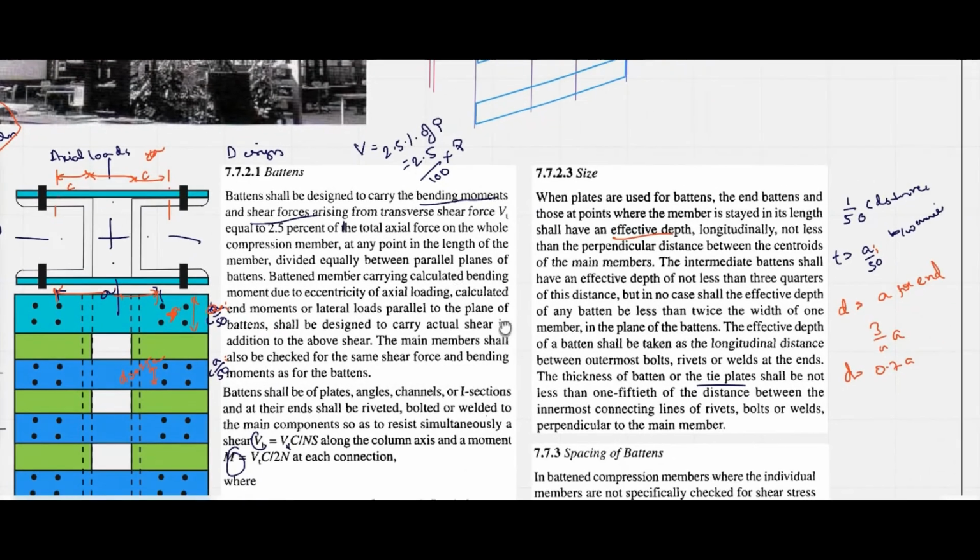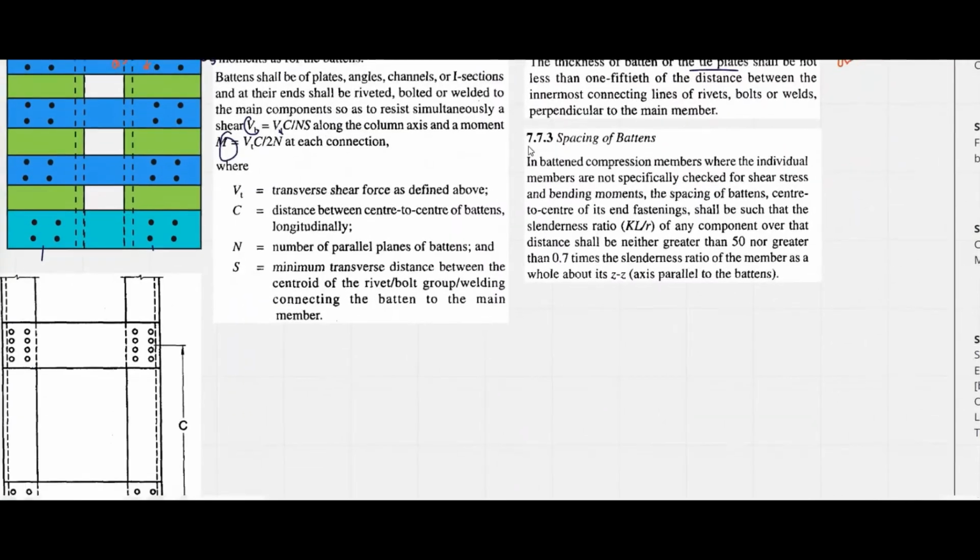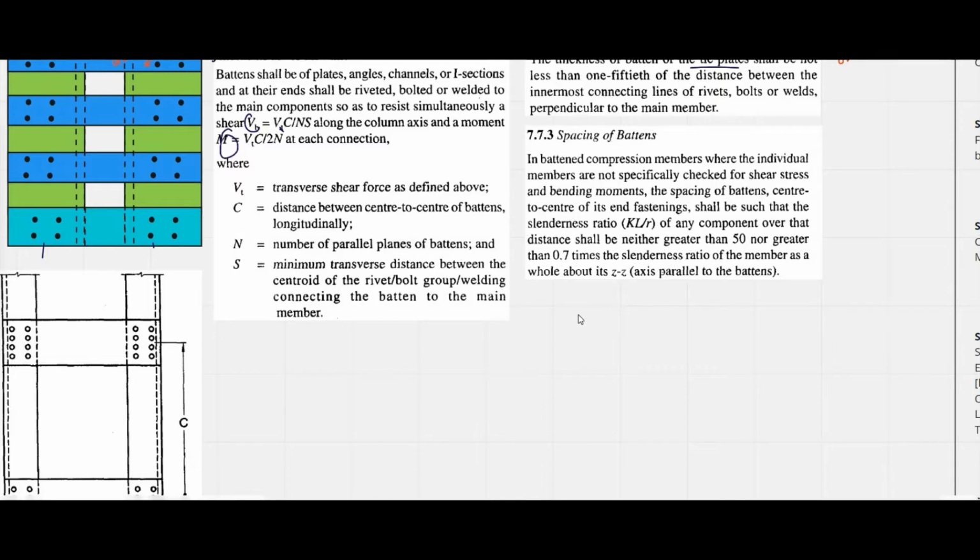Now let us see about spacing. When we talk about spacing in batten columns, compression members where the individual members are not specifically checked for shear and bending moments, the spacing of battens center to center shall not be such that the slenderness ratio of any component over the distance be greater than 50 nor 0.7 times of slenderness ratio of the member as a whole.